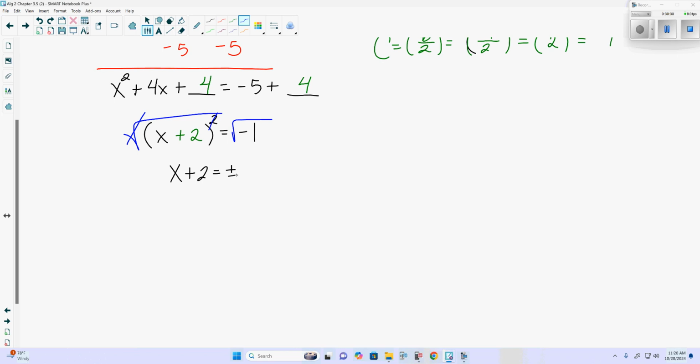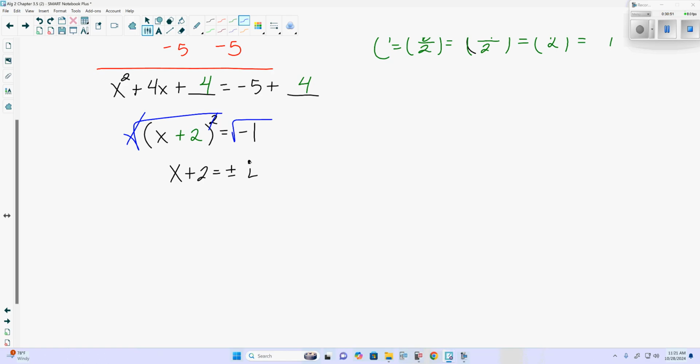So plus or minus. This actually just turns out to be i, because i, by definition, is the square root of negative 1. So it's just i. All right, guys, let's focus up here. Questions on how we got to this point here?